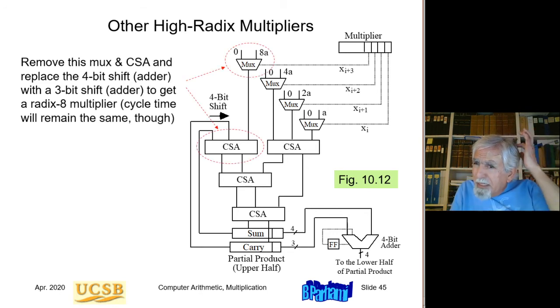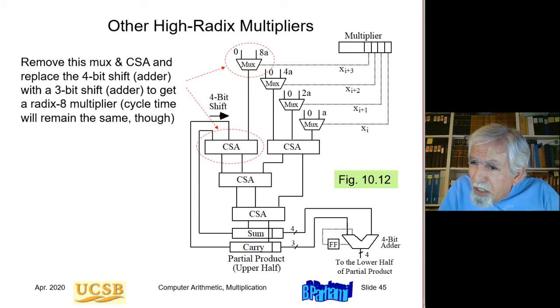Basically, that multiplexer at the top must be removed. I need just 3 multiplexers because I'm handling only 3 bits of X. So that top multiplexer is not needed. And that carry save adder that is circled also is not needed, because now that that multiplexer does not exist, this number here does not exist.